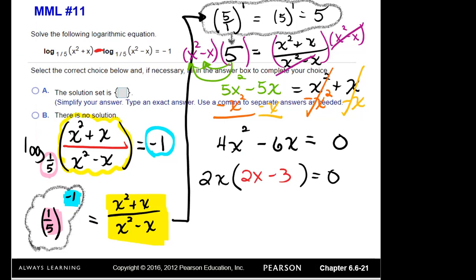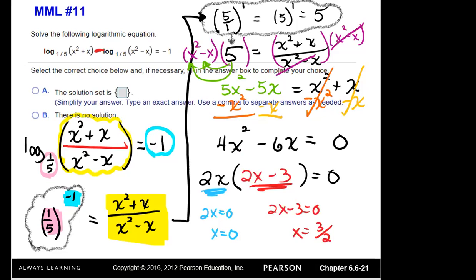So my two possible answers are either the 2x is equal to 0, which means if you divide 0 by 2, you get 0, or the 2x minus 3 is equal to 0, which means I'd have to add 3 and divide by 2, so I get 3/2.